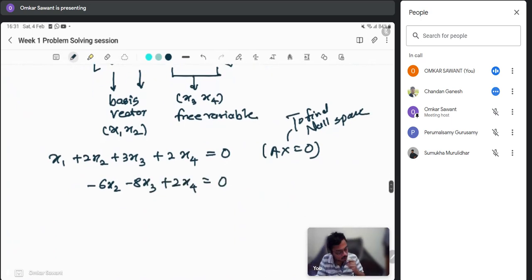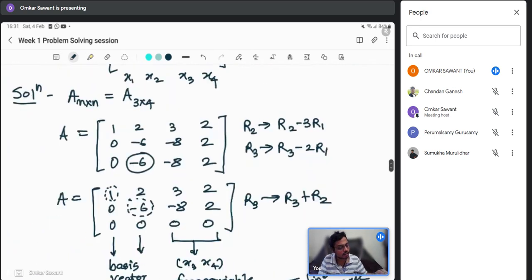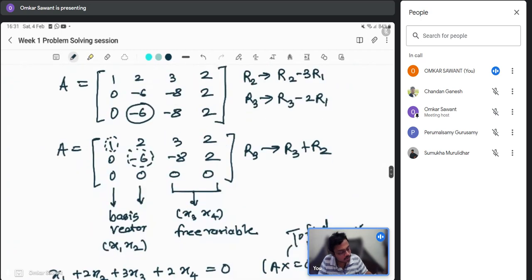So what we do with free variables is assume values, right? Because those are the independent variables. We have rank. What will be the rank of this matrix? Do you know how to find the rank? Sir, 1 is the rank.